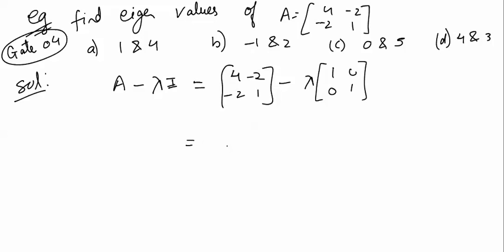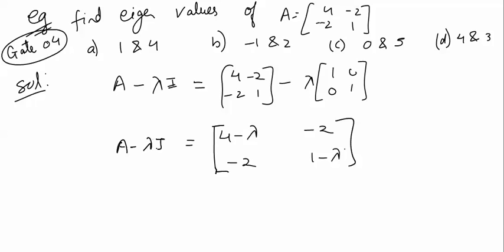If you solve this, this will come out to be [4 minus lambda, minus 2; minus 2, 1 minus lambda]. And this I you can omit, it is not basically required, and this is the A minus lambda I matrix.